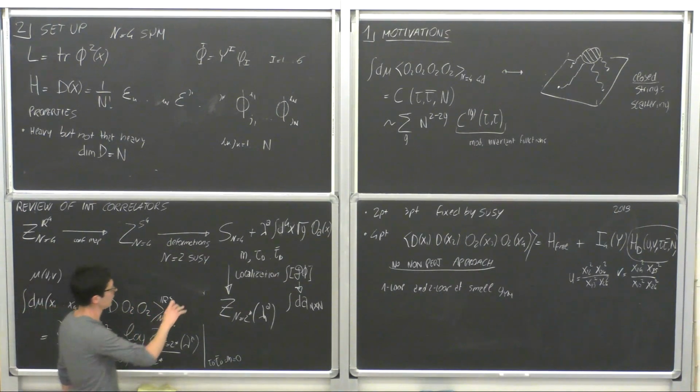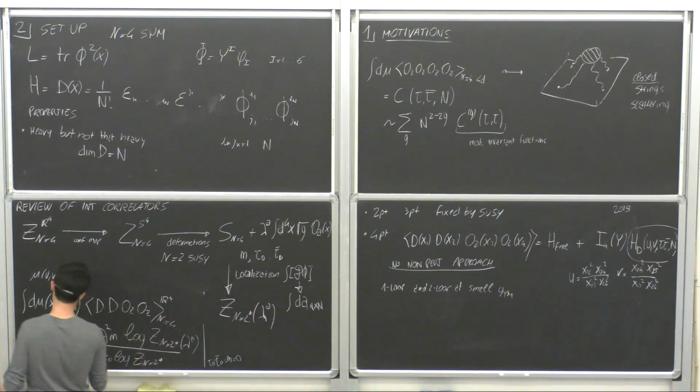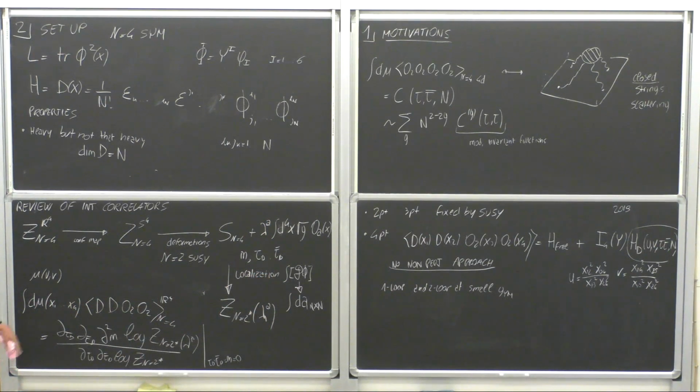But instead, going in this direction, this is associated to this bunch of derivatives applied to the logarithm of the N=2* partition function, which is now localized, and it has a very precise matrix model expression.